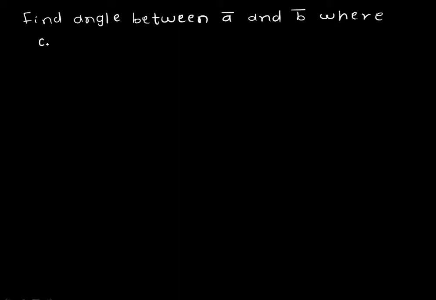Find the angle between a bar and b bar, where a bar is equal to 2i bar plus 2j bar plus k bar, and b bar is equal to i bar minus j bar plus 2k bar.